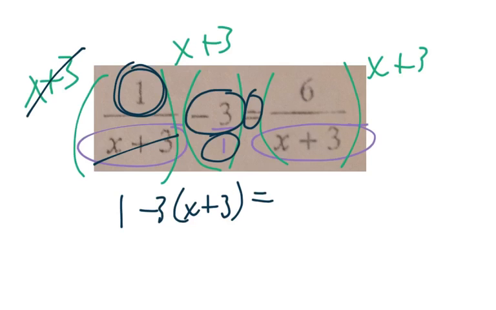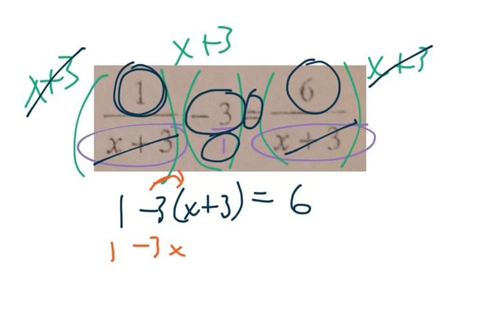And on the other side, x plus 3 divided by x plus 3 is 1. So the only thing left is 6. We're almost done, guys. Let's be careful and distribute this negative 3 here, okay? So we have a 1 minus 3x minus 9 equals 6. 1 minus 9, negative 8 minus 3x equals 6.